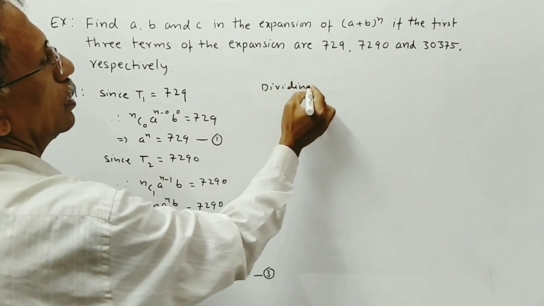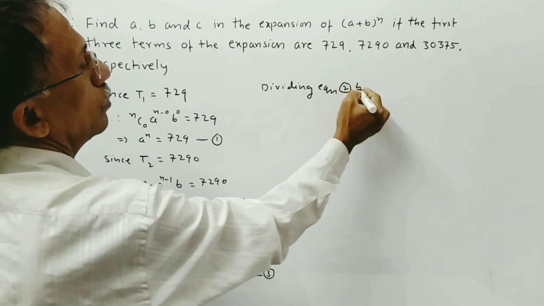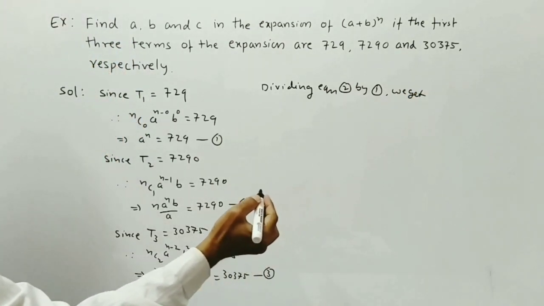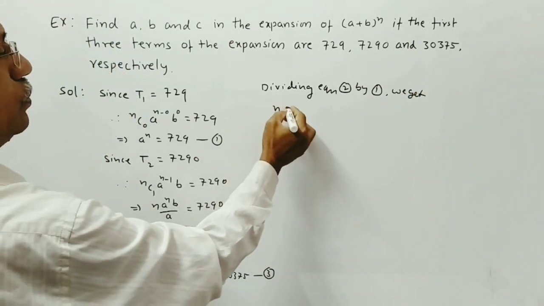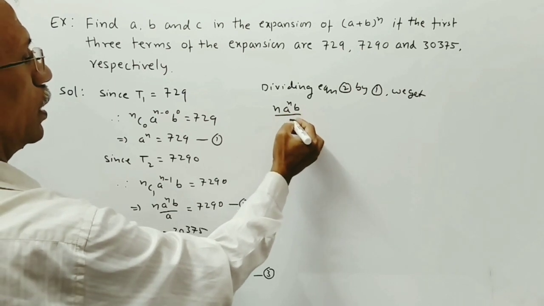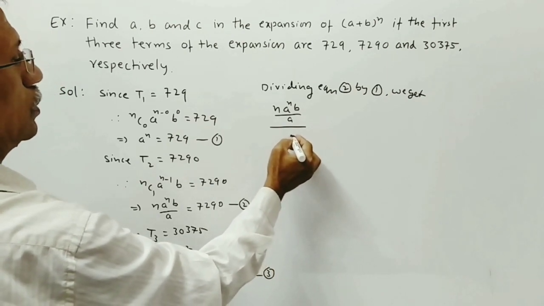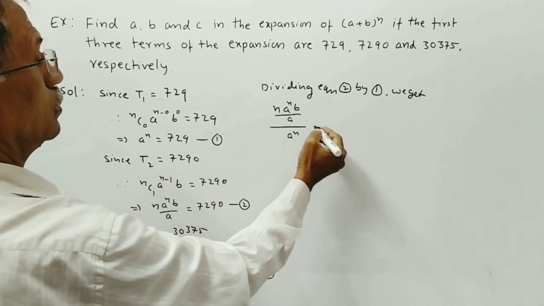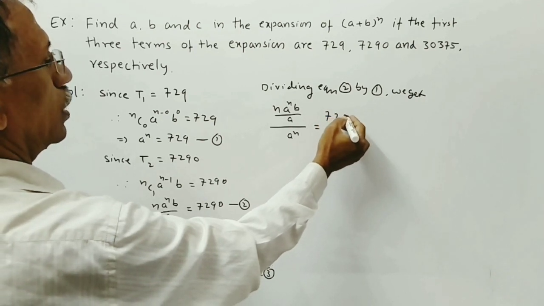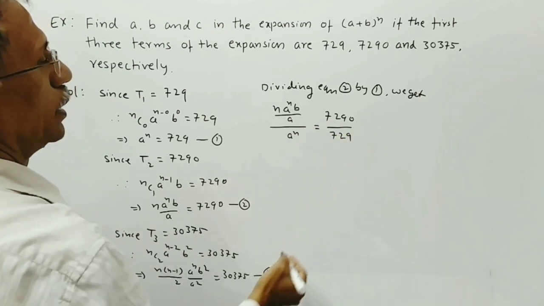Dividing equation 2 by 1, we get n into A raised to the power n into B divided by A whole divided by A raised to the power n is equal to 7,290 divided by 729.